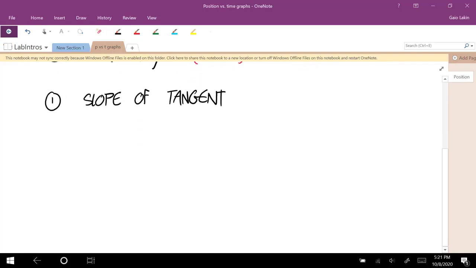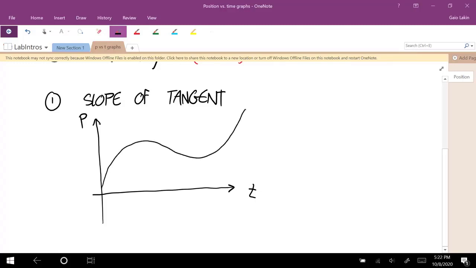Okay, so let's say that we have some graph. I'll still write it as a position versus time graph, but this could be X and Y or whatever. This could be any mathematical graph. And let's say that this graph looks like this, and that we want to know the slope of the tangent line here and here.